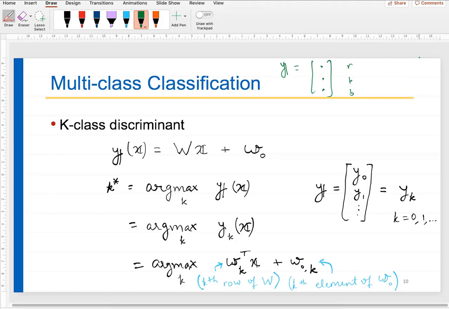Right? And what is my x? X is 2-dimensional, x1 and x2, right? The width and the height. So my x is 2 cross 1, my y is 3 cross 1. What is my w then?